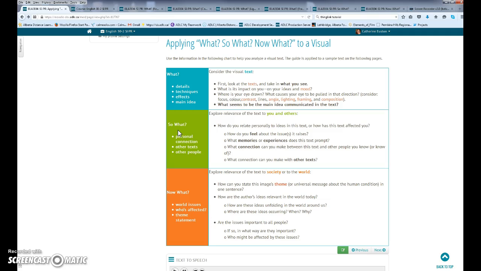And that's a good thing to consider because it helps you understand the theme of the image, which is the main idea that the visual creator is trying to communicate to you. And you'll need to know that theme in order to write a visual response.